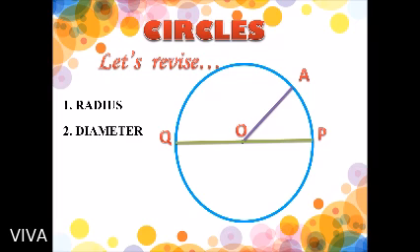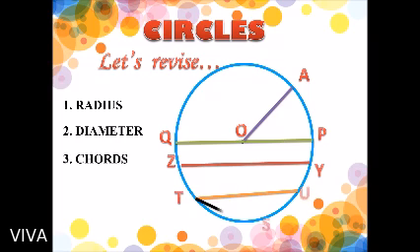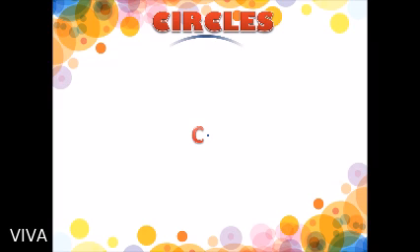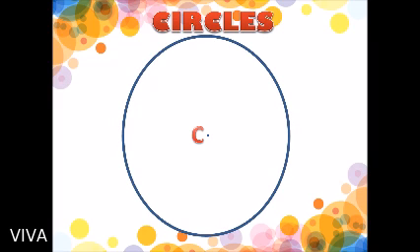The chord, which is a line segment whose endpoints lie on the circle. A circle can be divided into three regions with respect to the plane in which it lies.